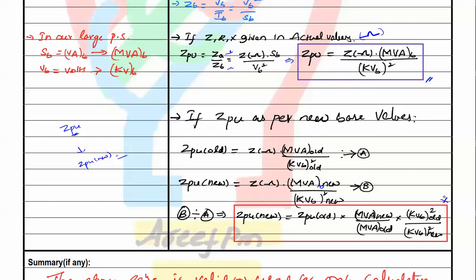In any PSUs, and especially from the IES and GATE exams point of view, they will ask questions based on this formula only. So it is a very important formula for PSUs.